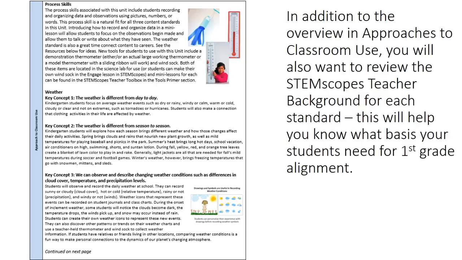You have those in the science lab as well as a windsock, and so just pointing those out and putting a visual there. And then just kind of giving you a breakdown of the key concepts for some of the content as well. So if you're a veteran kindergarten teacher, you may just want to glance over and make sure that you're incorporating all of the things that you've done in the past. And if you're new to kindergarten, you might find something new that you need to add in or that you hadn't thought about.